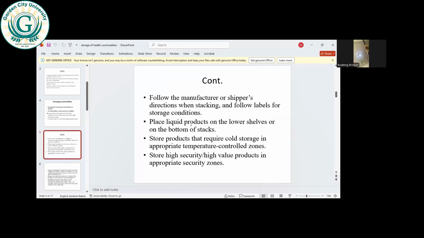When storing, you must also follow the manufacturer's or the shipper's directions when stacking, and follow labels for storage conditions. You always have the manufacturer's or shipper's instructions telling you how items should be stored, sometimes the temperature.